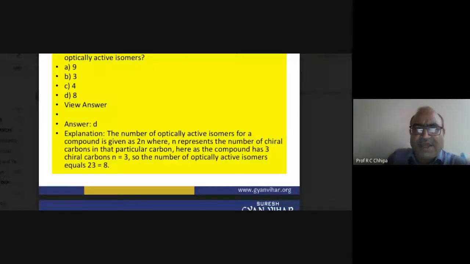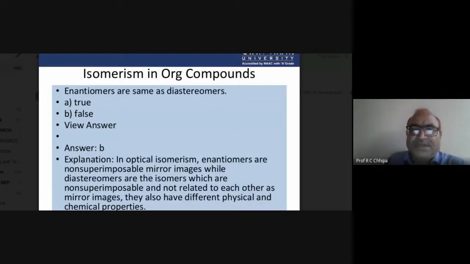Let us see another example: in a compound having 3 chiral carbons, what is the number of optically active isomers? In this particular case, the answer itself is D. Another question: enantiomers are the same as diastereomers.